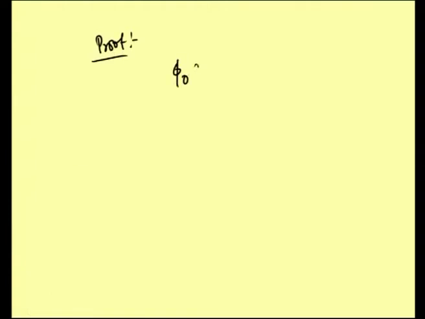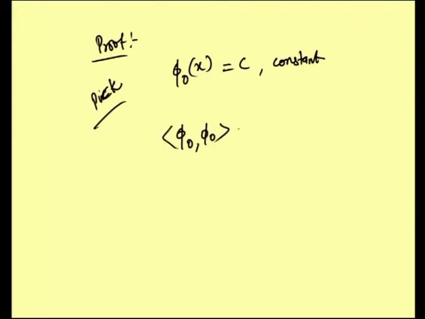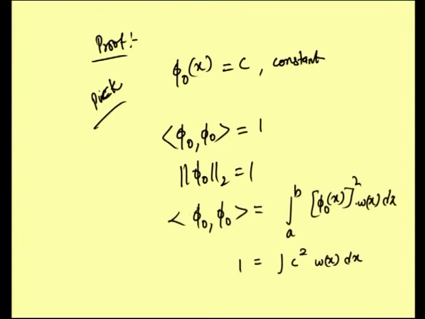First of all, you take phi naught of x. Phi naught of x is equal to c, where c is a constant, and pick this phi naught in such a way that phi naught comma phi naught is equal to 1, that is, norm of phi naught squared is equal to 1. The inner product phi naught comma phi naught is defined as integral a to b phi naught of x squared w of x dx, taken equal to 1, and phi naught of x is taken to be equal to c.